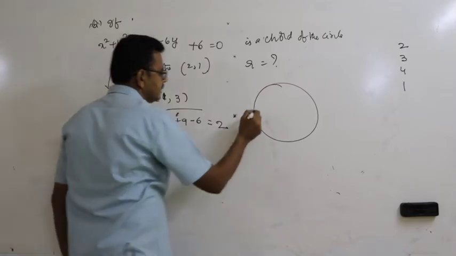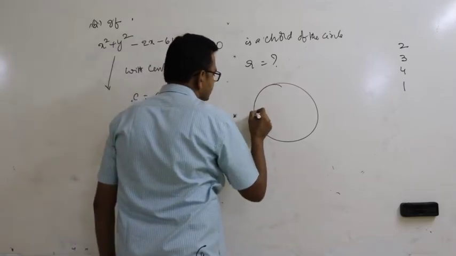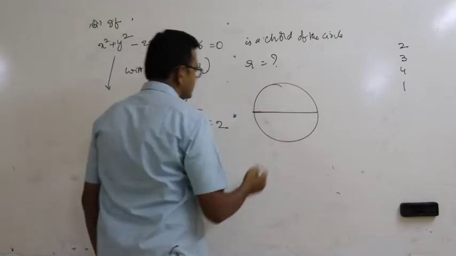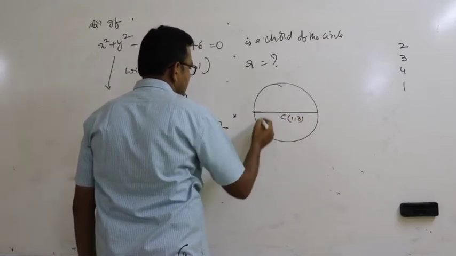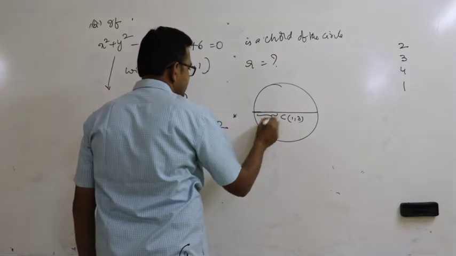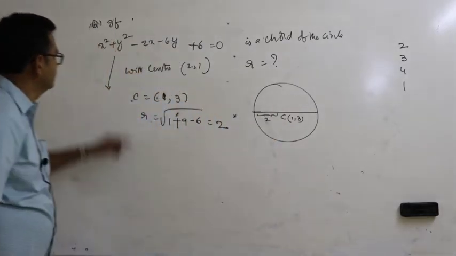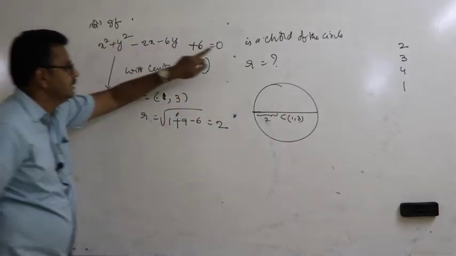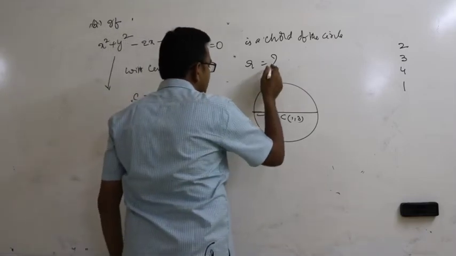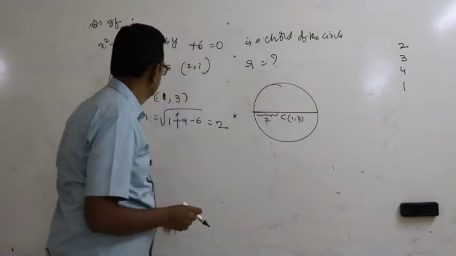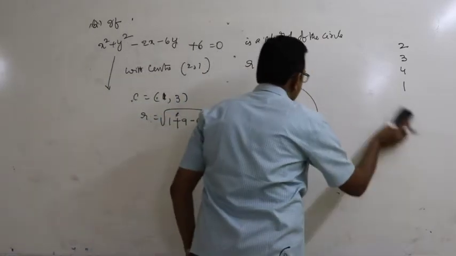The center of circle C is 1 comma 3, and the radius is 2. One of the diameters of the circle is a chord of the circle with the center 2 comma 1.